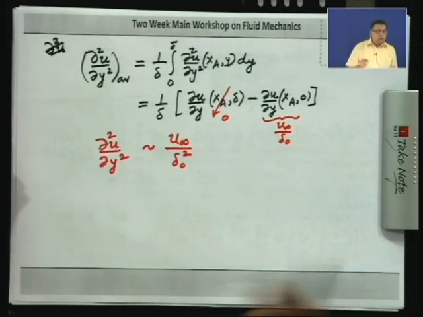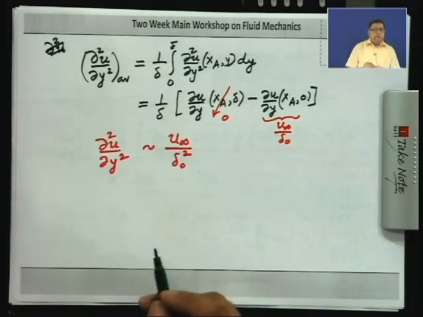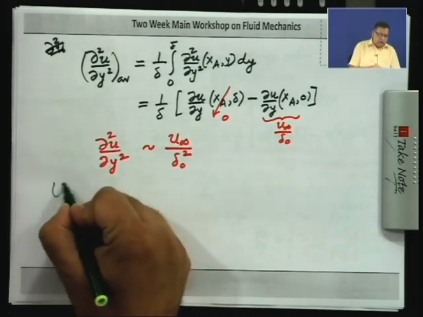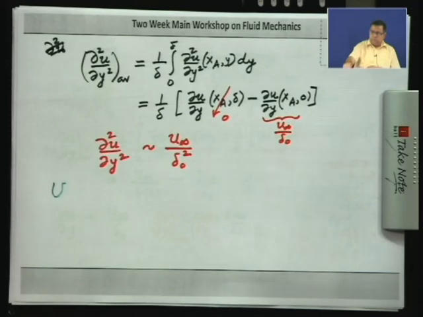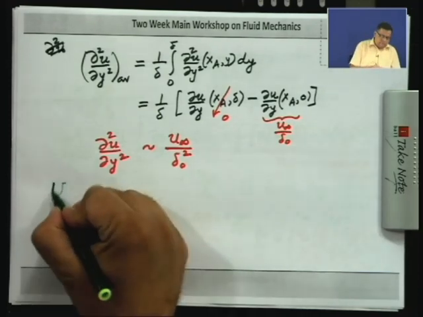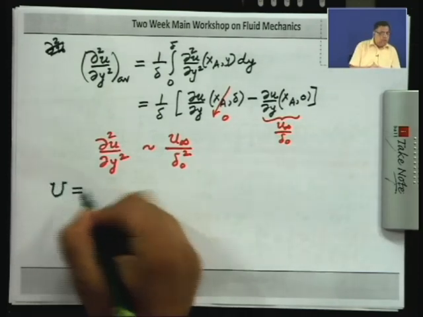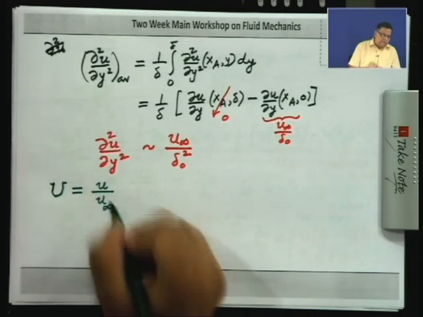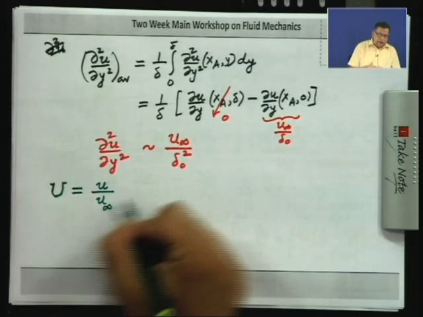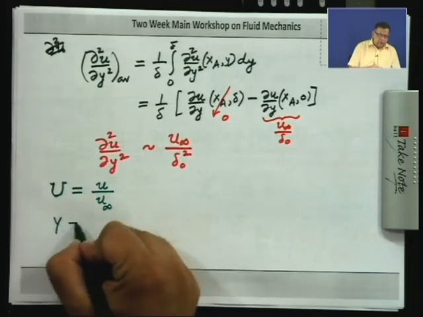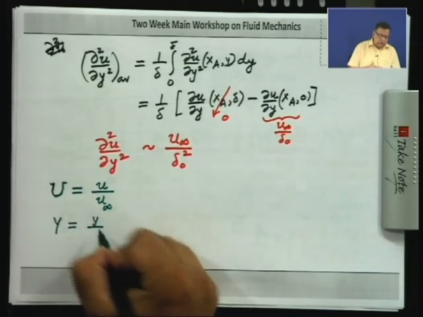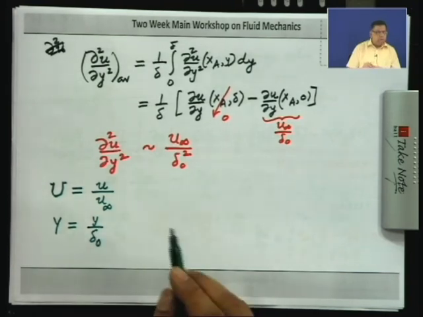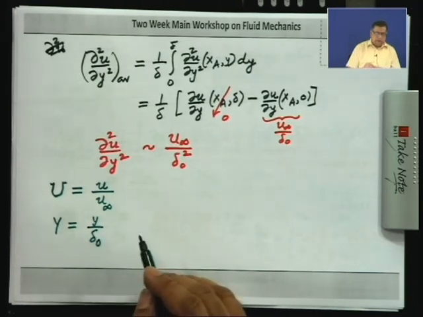So, what we will do is we will introduce non-dimensional quantities. Suppose I define a capital U which is u by u infinity, and we will define a capital Y which is y by delta naught, this constant value, which is a measure of the order of magnitude of the boundary layer thickness.